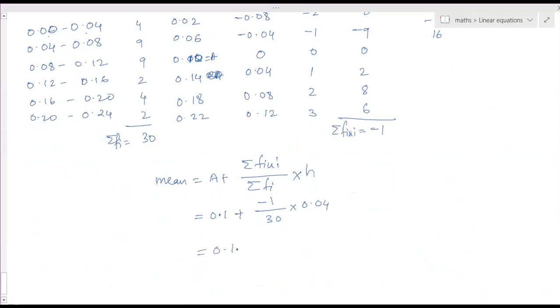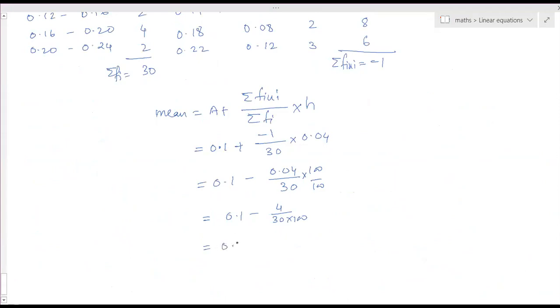So it is 0.1 minus 0.04 by 30. Multiply with 100, so 0.1 minus 4 by 30 into 100. Here 4 by 3 is 1.33, divided by 1000.